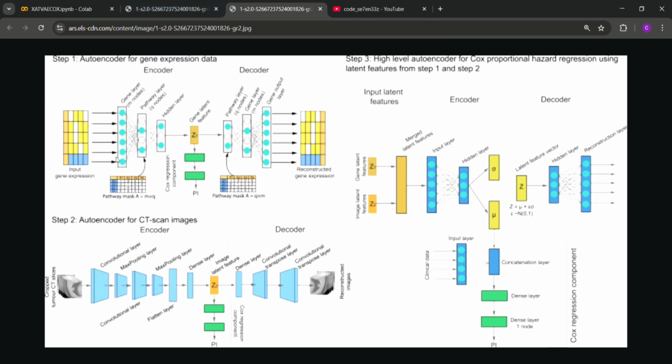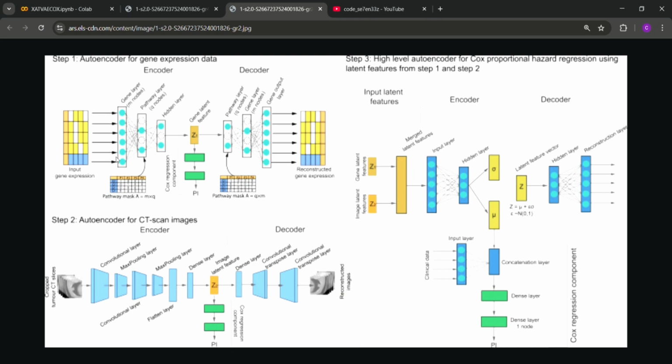Understanding the XAT-VAE-COX model. Before diving into the code, let's understand what this model does. XAT, cross-attention transformer, a mechanism that enhances feature learning by focusing on important relationships between data points. VAE, variational autoencoder, a generative model that compresses data into a latent space and reconstructs it while preserving key patterns.